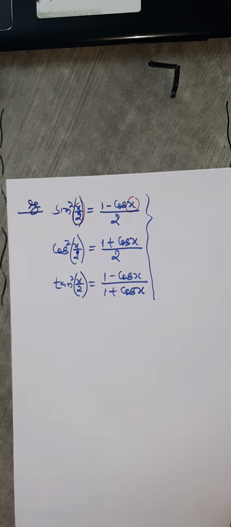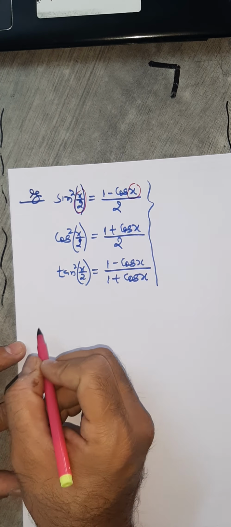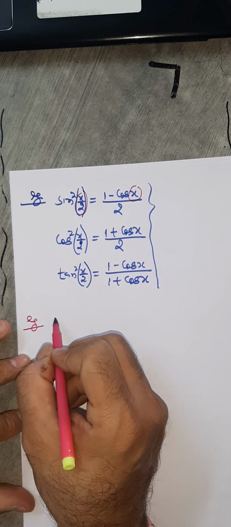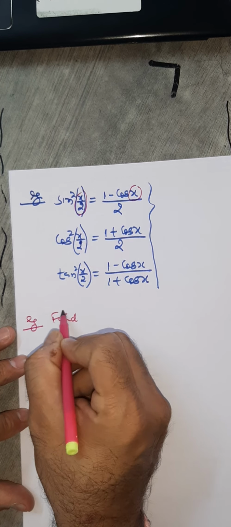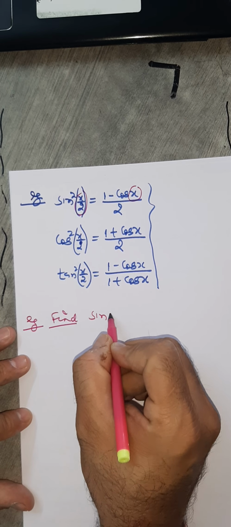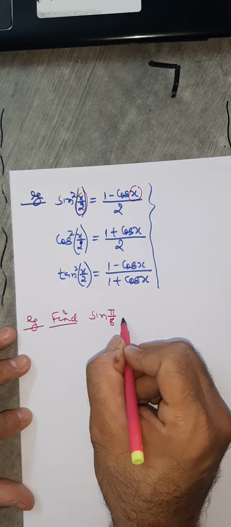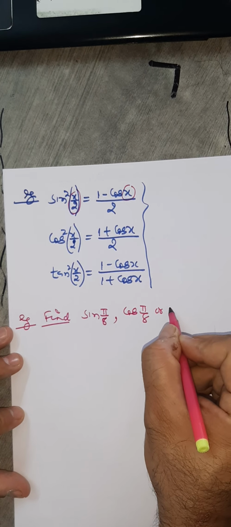How will we use this? That's a very important question. For example, suppose I want to find, this is the question, sine pi by 8, or even cosine pi by 8, or even tan pi by 8.